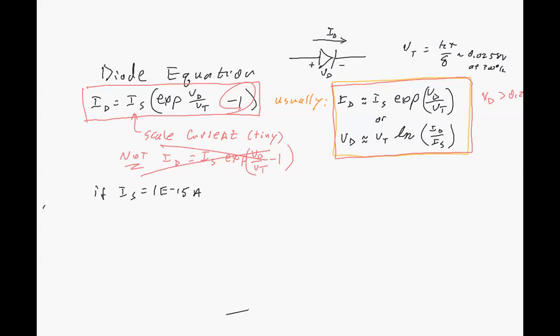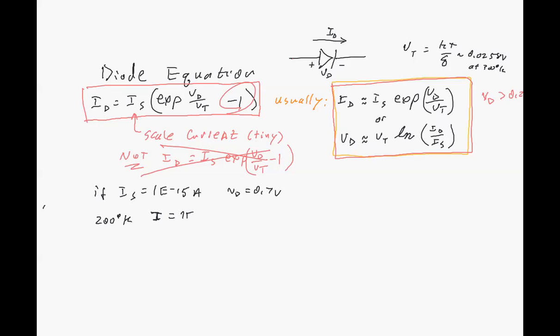If we were at 200 degrees K, so that's cold, that's minus 70 degrees C, but it's still plausible as a temperature that a device might be expected to start working at. And if we had VD equal to 0.7 volts, then what would the current be?